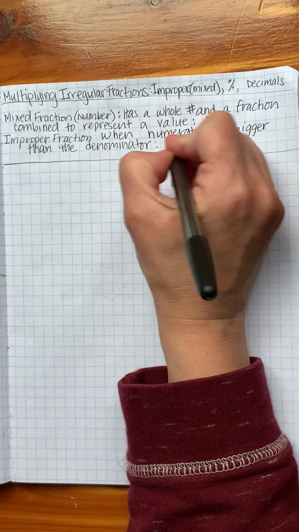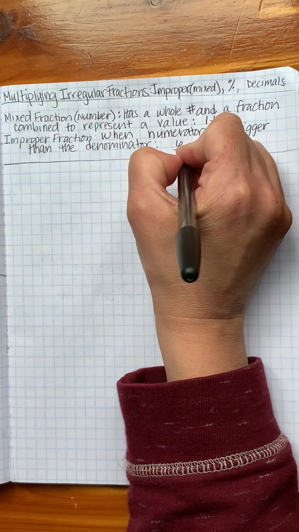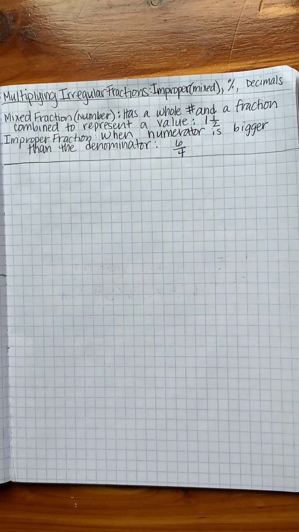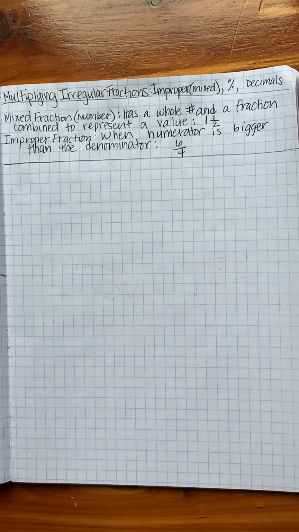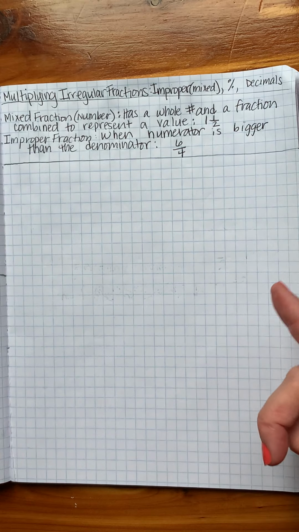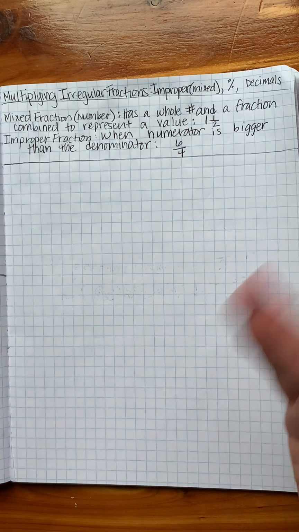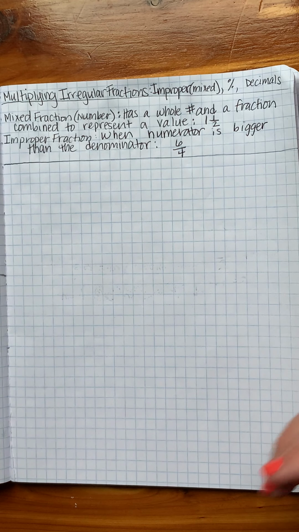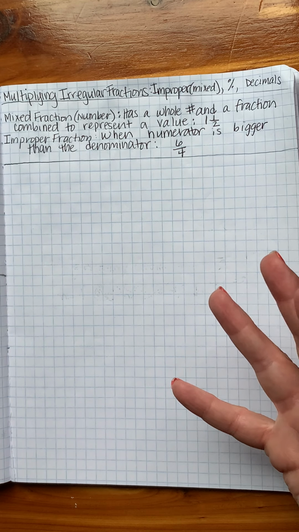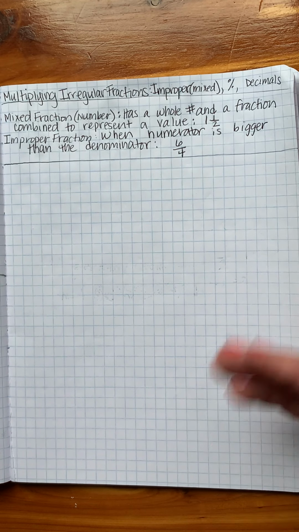And an example of that would be 6/4. So an improper fraction is when that numerator, that number on the top, is bigger than the denominator, which is the number on the bottom. Remember, the denominator represents the number of parts in one whole.